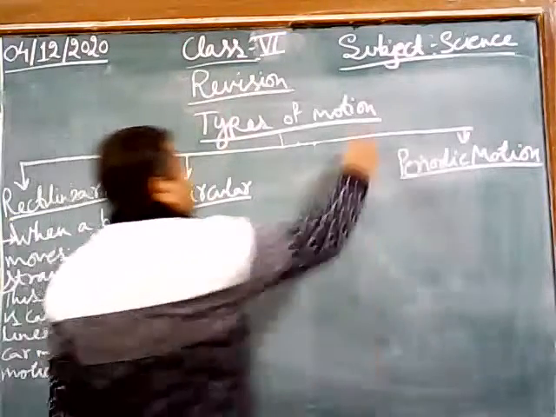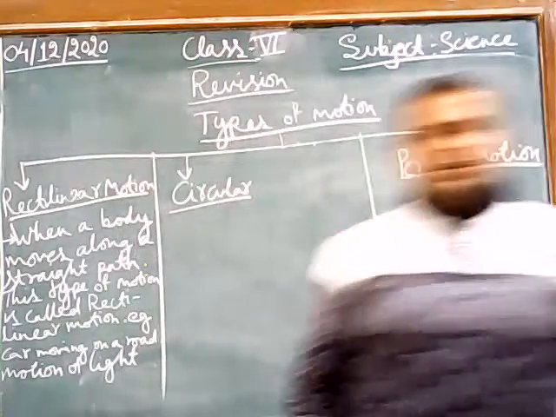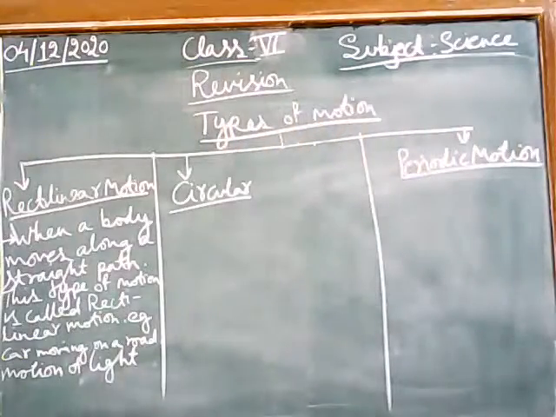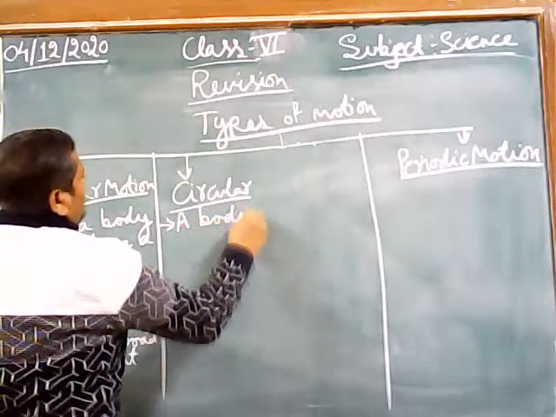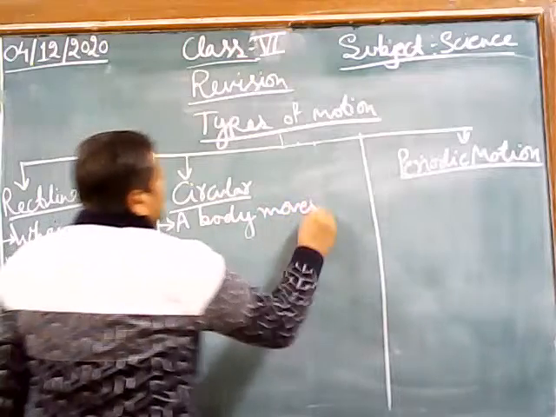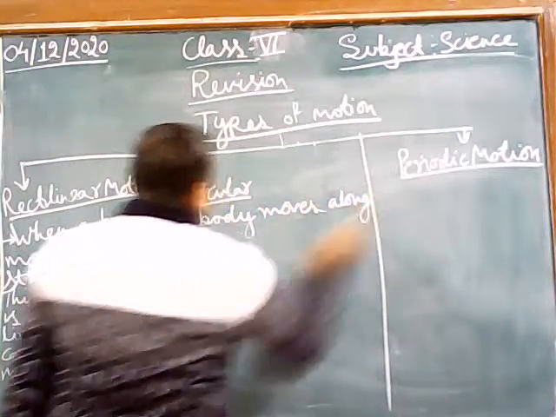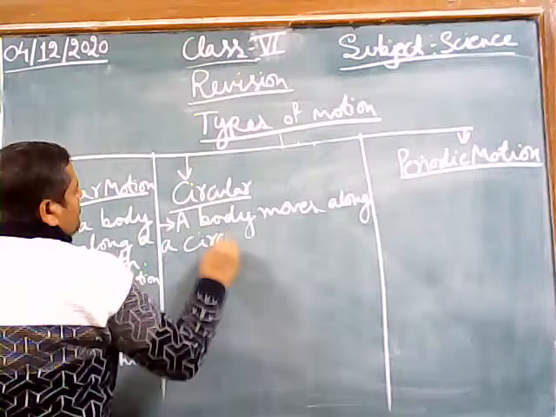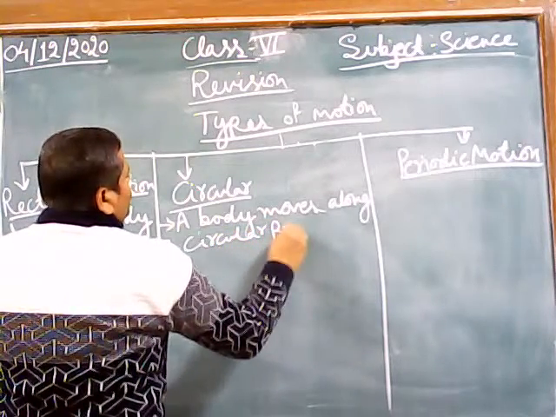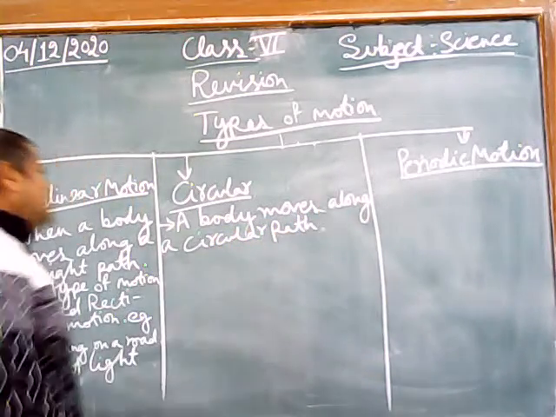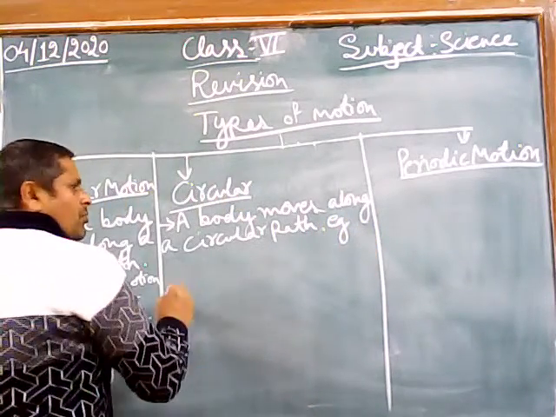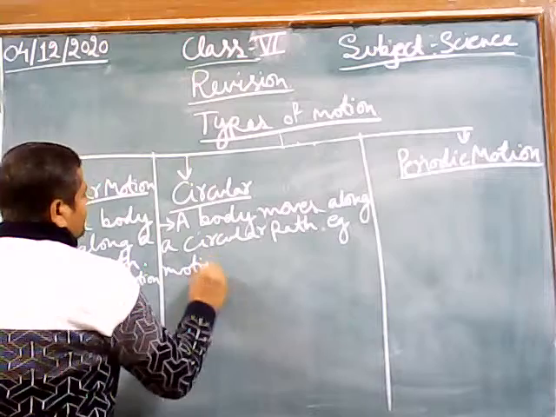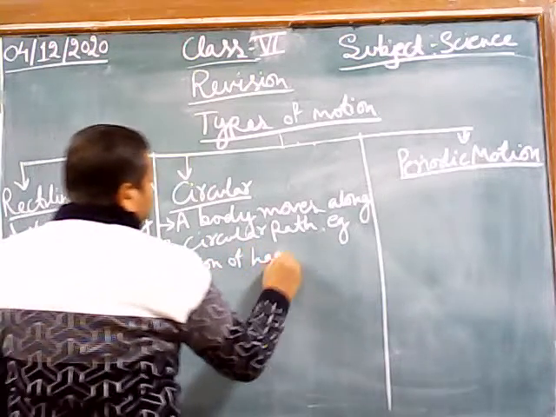Circular motion. In this type of motion, a body moves along a circular path. For example, motion of hands of a clock.